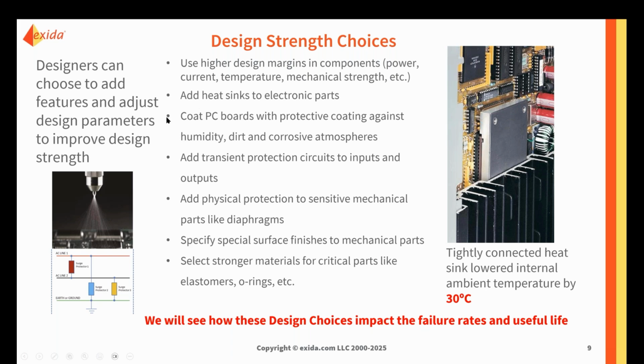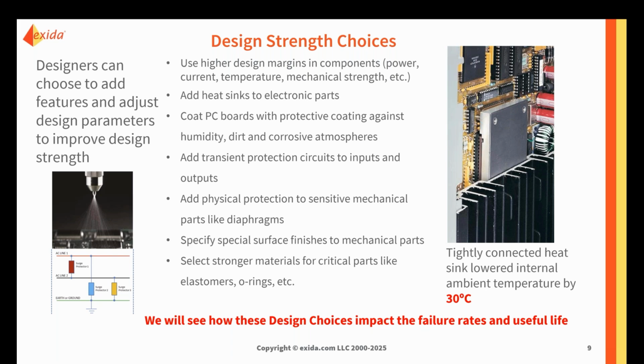We can coat PC boards with protective coating that protects us against humidity, dirt, corrosive atmospheres. We can add transient protection circuits to the inputs to protect against electrical surge, electrostatic discharge. We can add physical protection to sensitive mechanical components, specify special surface finishes and stronger materials.